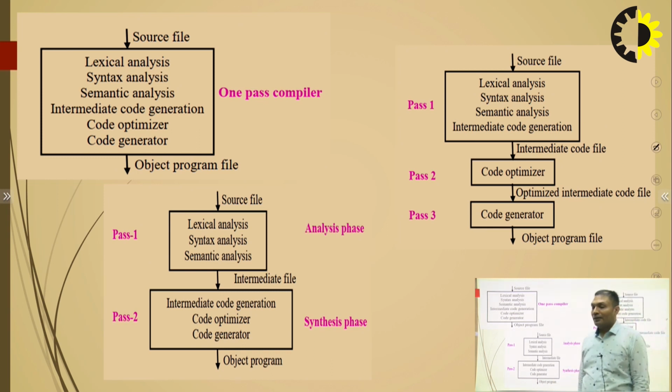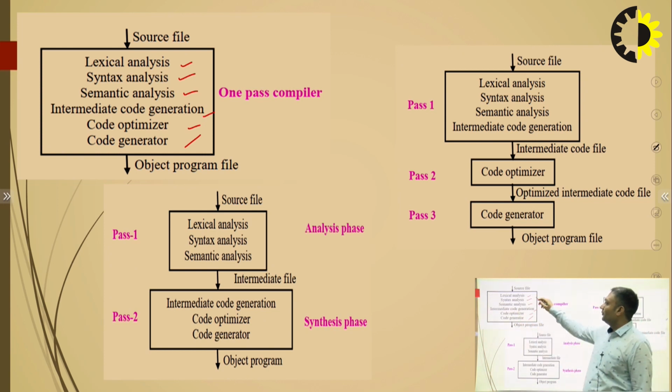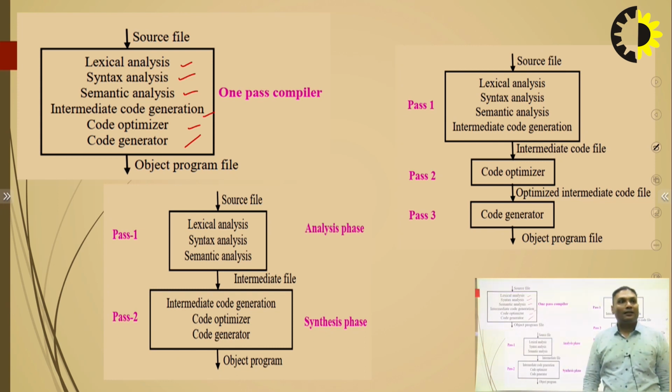One pass compiler. When we group all the phases of the compiler, all 6 phases, into one pass, meaning all 6 phases are grouped into a single pass, then that type of compiler is called a one pass compiler.